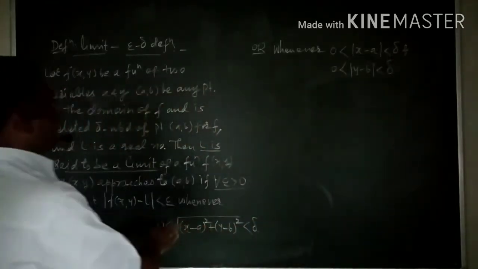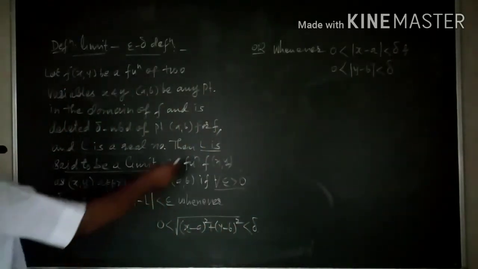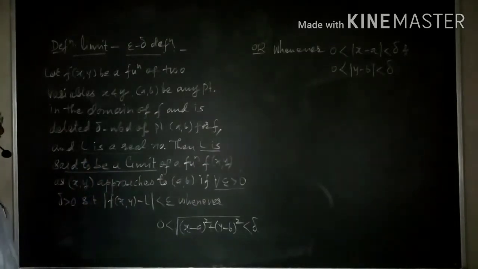If this happens, then we can say that L is the limit of the given function f of x, y as (x, y) approaches (a, b).